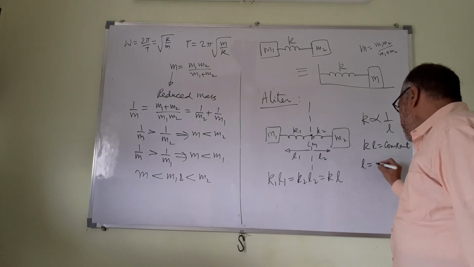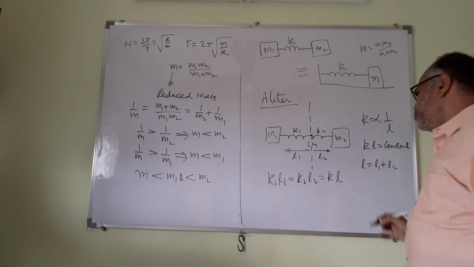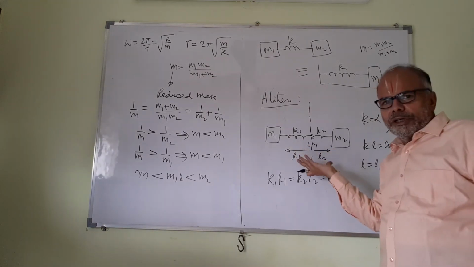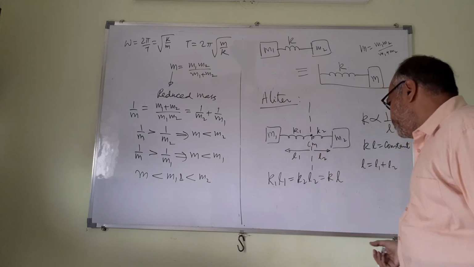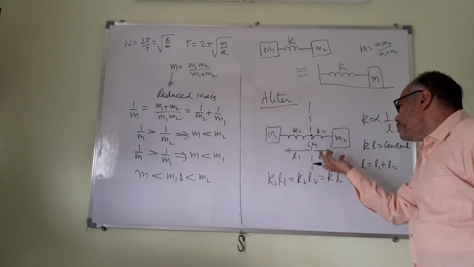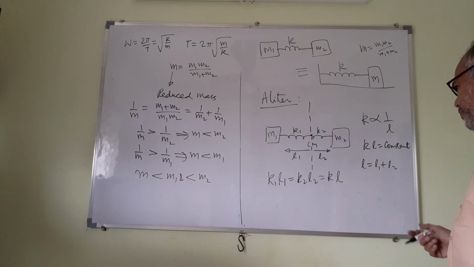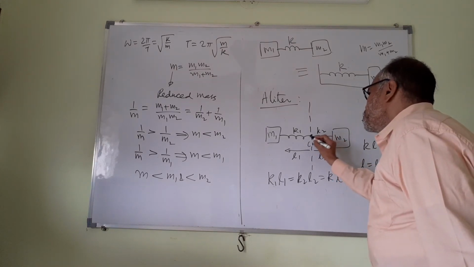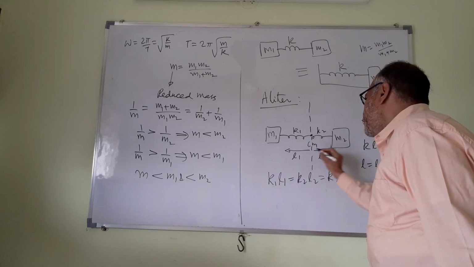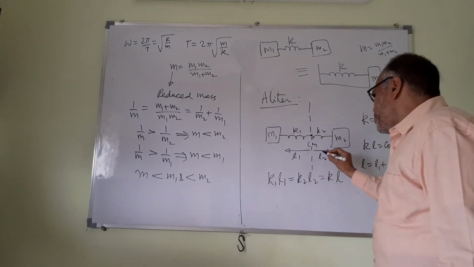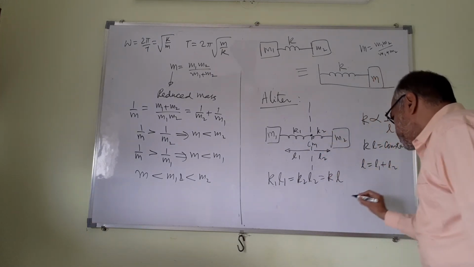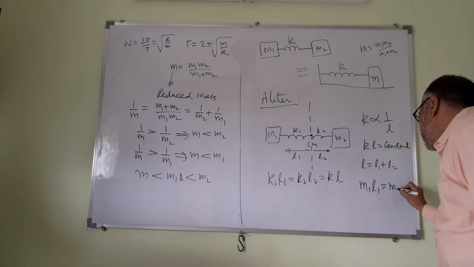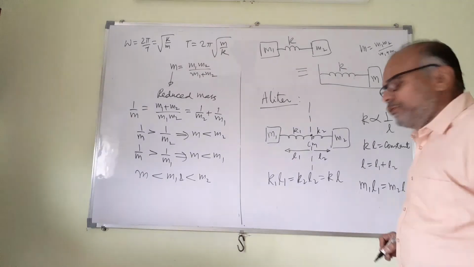L is nothing but L1 plus L2. This we are talking about is the unextended length, the undistorted length of the spring. L1 and L2 are also undistorted lengths of the two springs. Now, we also know that because L1 and L2 are measured from the center of mass, we can say M1 into L1 equal to M2 into L2.